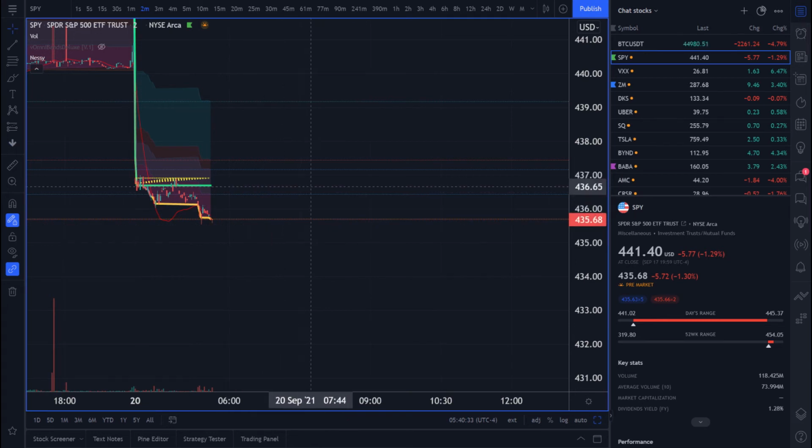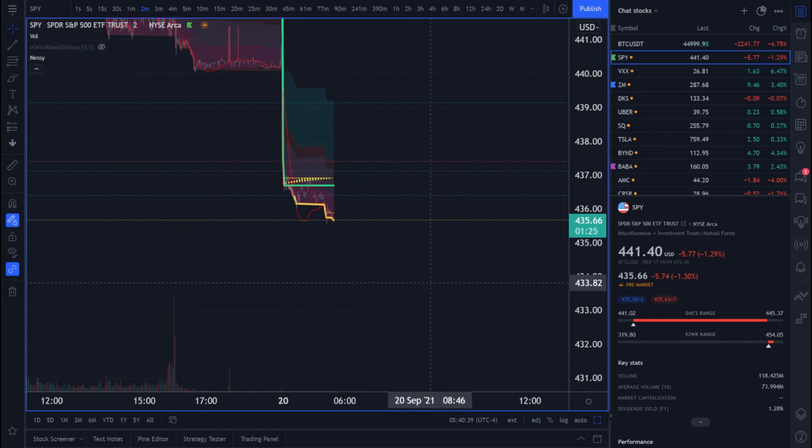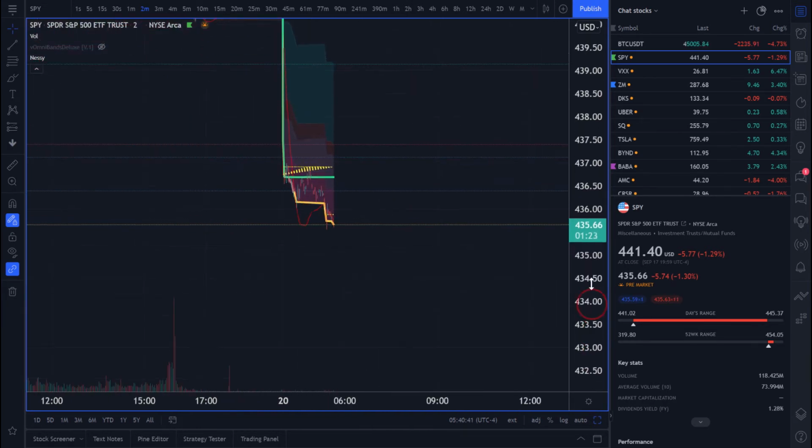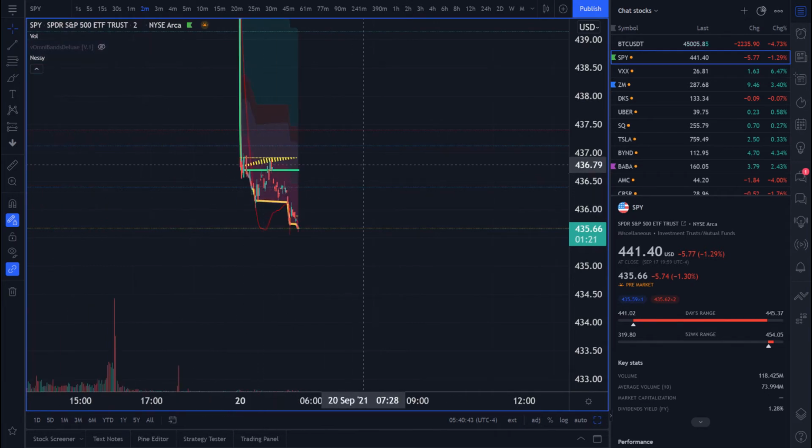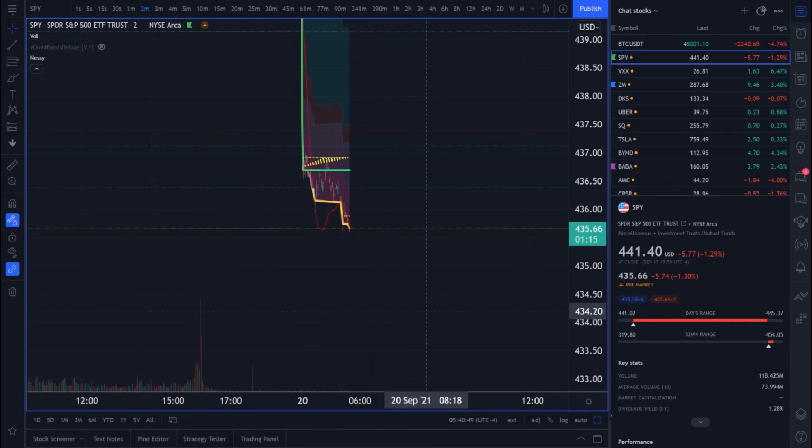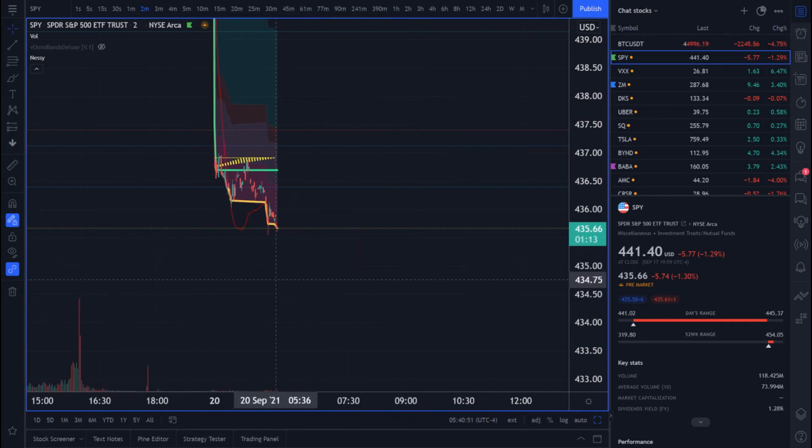So my new area for resistance off this line here is 436.65. So we've got to get above 436.65 to be bullish again. That's what's critical when you're paying attention to how the line renders, right?